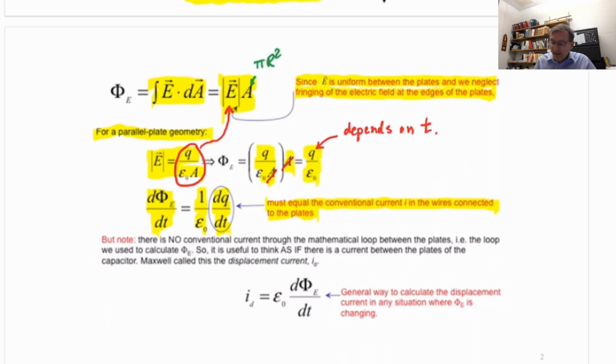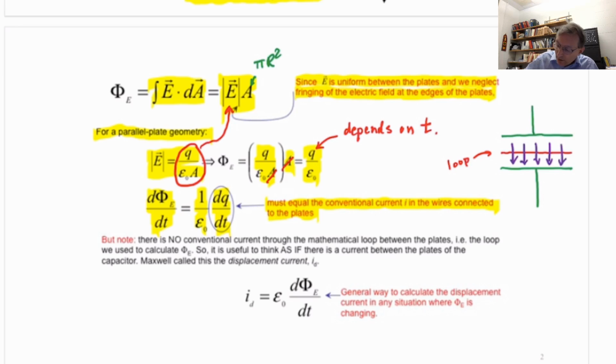But now go back to think about our actual loop that we're studying. I'll draw our side view of our parallel plate capacitor again. 2 wires and 2 conducting plates. But in the middle, that's our mathematical loop. And what we have happening is we have electric field piercing through the area inside that loop.